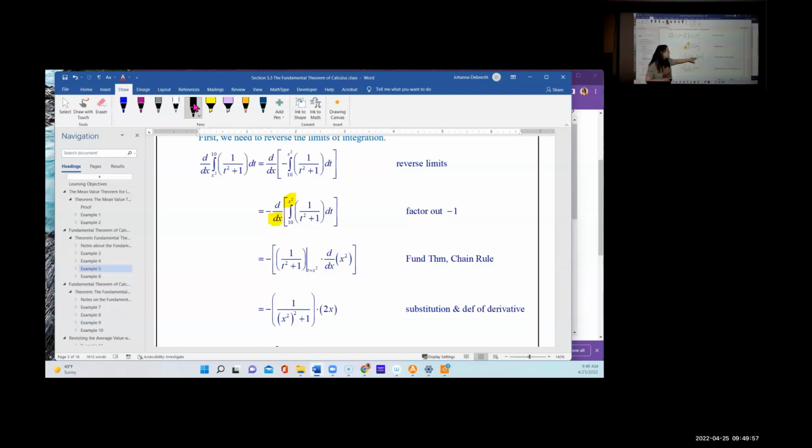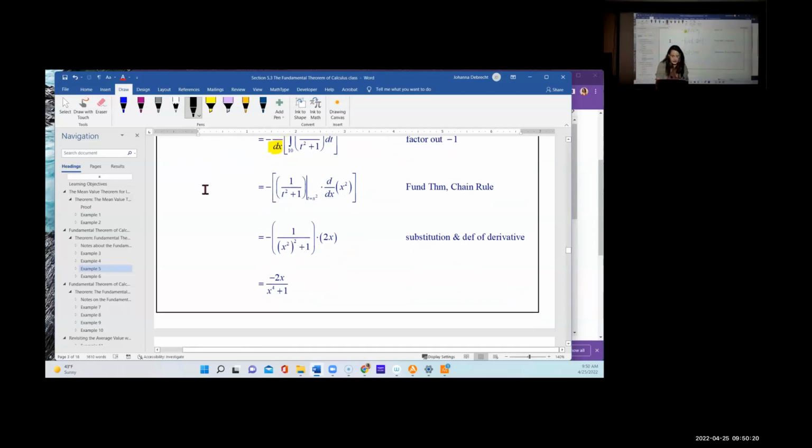Then we multiply by the derivative with respect to x of the upper limit of integration, the one that had the variable in it. Substituting x squared for t gives us x squared squared, which is x to the 4th, plus 1, and the derivative of x squared is 2x. So our final representation is a negative 2x over x to the 4th plus 1.